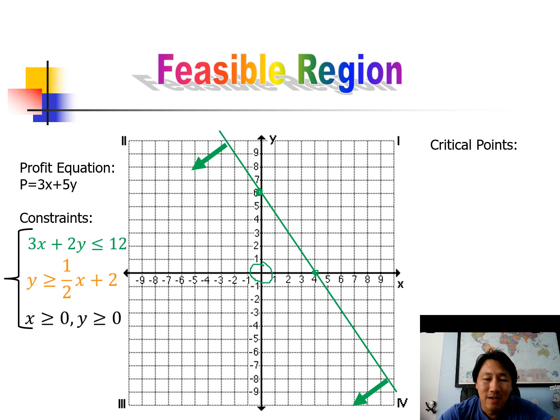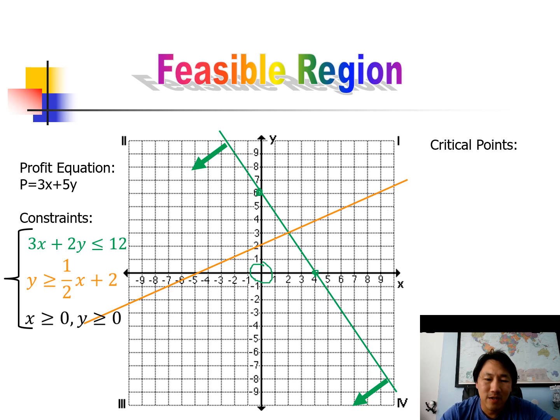Let's do the second one, the orange one. That one's in slope-intercept form, so plot the 2, and then using the slope, you go up 1 over 2, and you should get the orange line. Also, we have to figure out where to shade with this one, plugging in (0, 0).